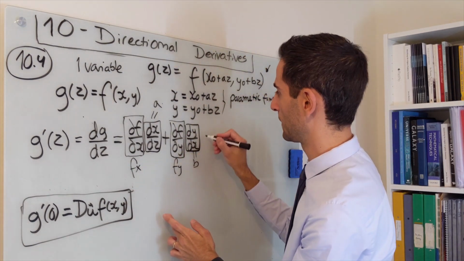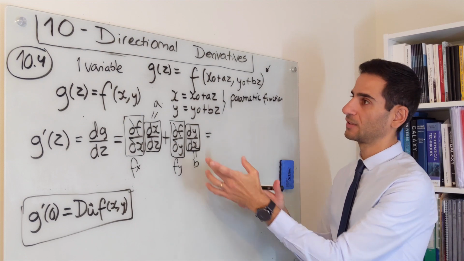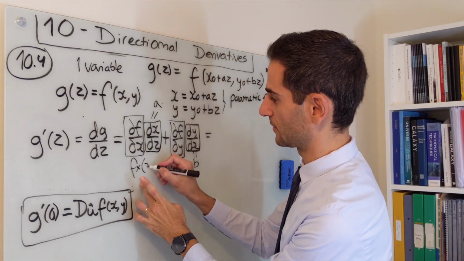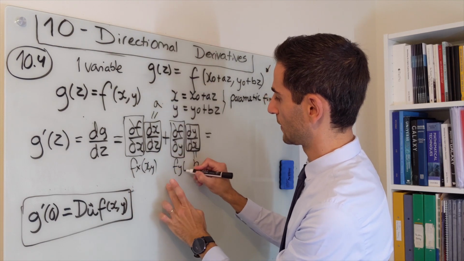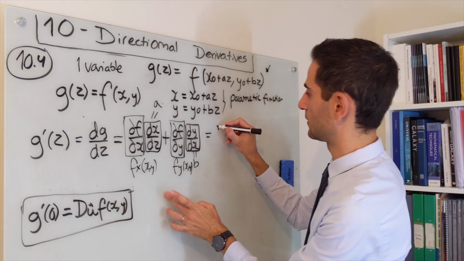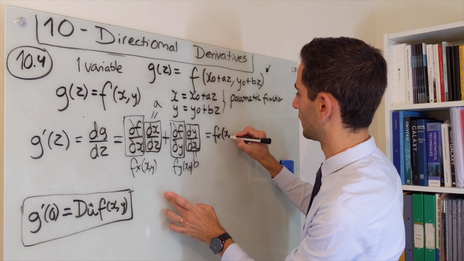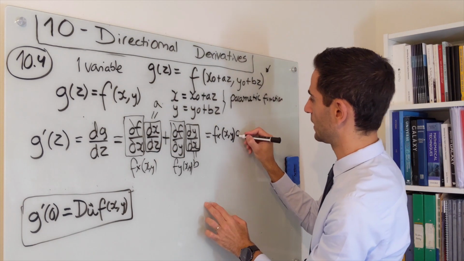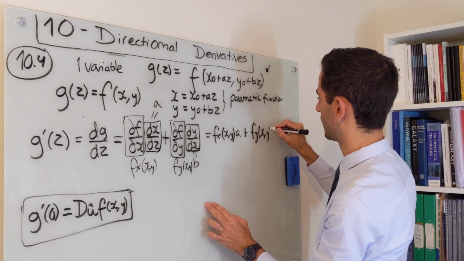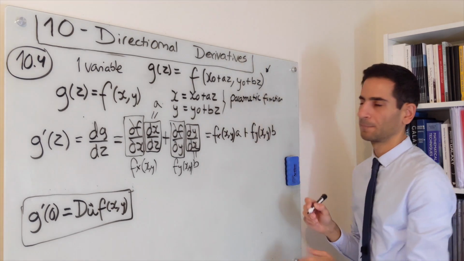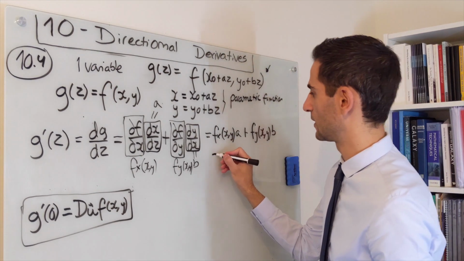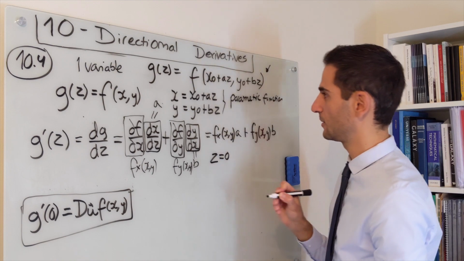This is fy. And the way we wrote this is f of x, y, and therefore this is fx of x, y. And same thing here. We can therefore write it as fx(x, y) times a plus fy(x, y) times b. And the further thing we can do to simplify this is we can have a look when z equals 0.